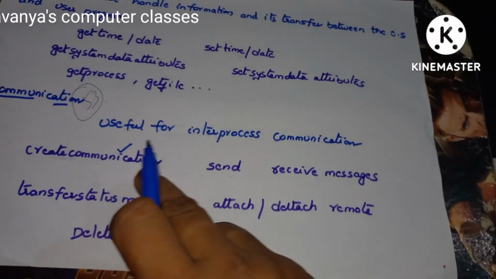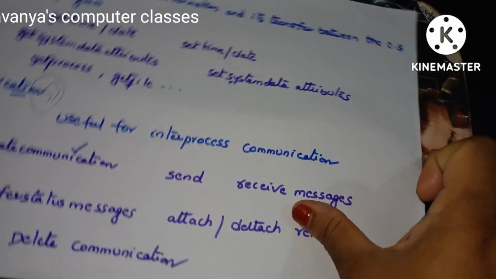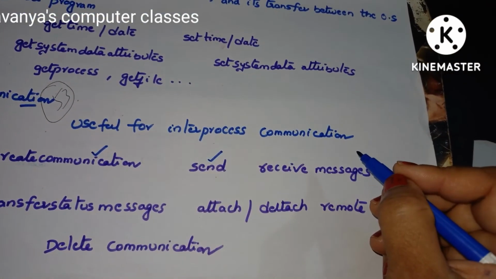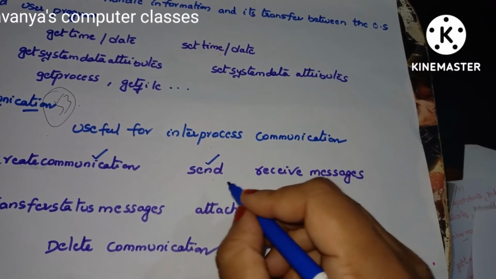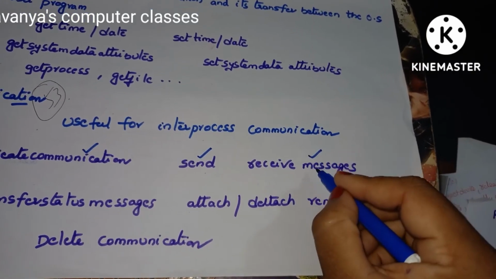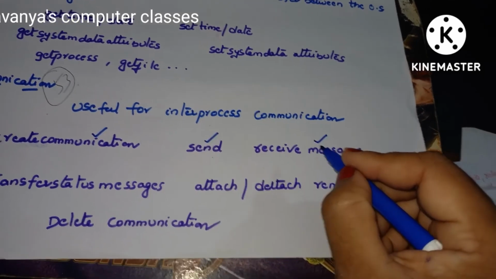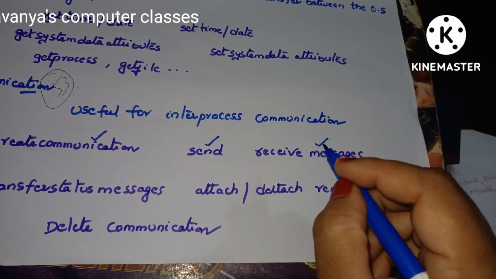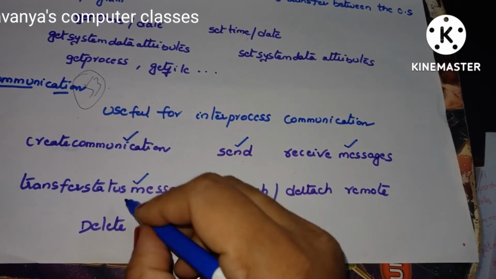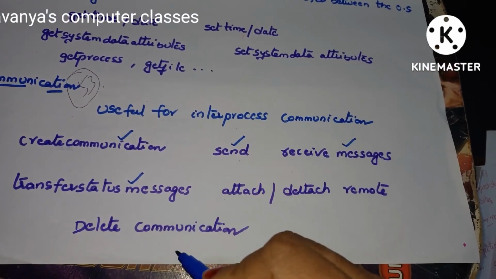Once communication is created between the systems, then we have to send the request or send the information, send the message. When the sender is sending the message, the receiver is receiving the message, which is called receive messages. In between, if we want to know the status of transferring messages, we need one system call, called transfer status messages.